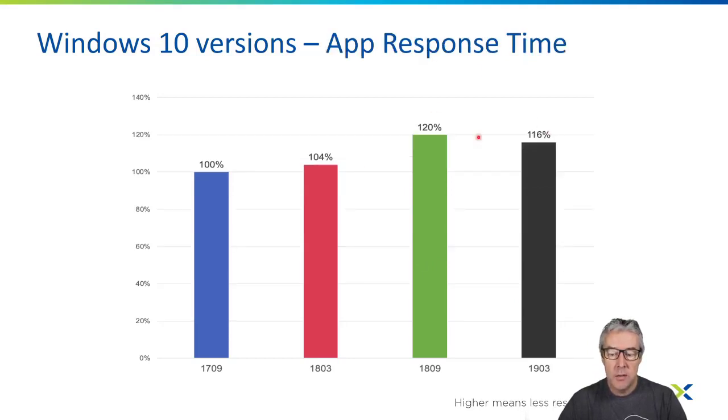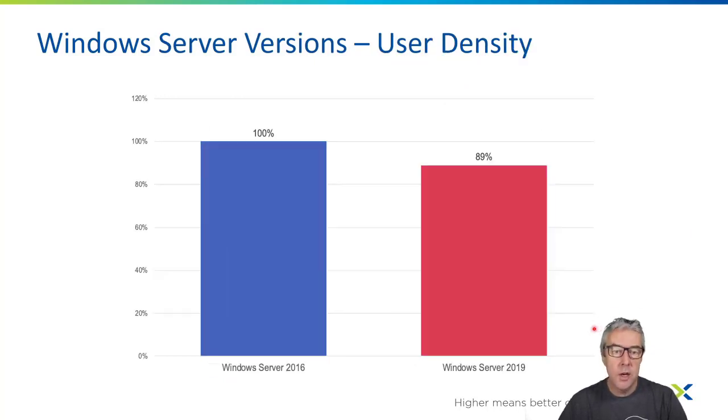If we look at the application response time, the application response becomes slower for the same hardware. So from 1709 to 1903, the response times of those applications are changing. Again, this affects your overall sizing. We look at the server version.